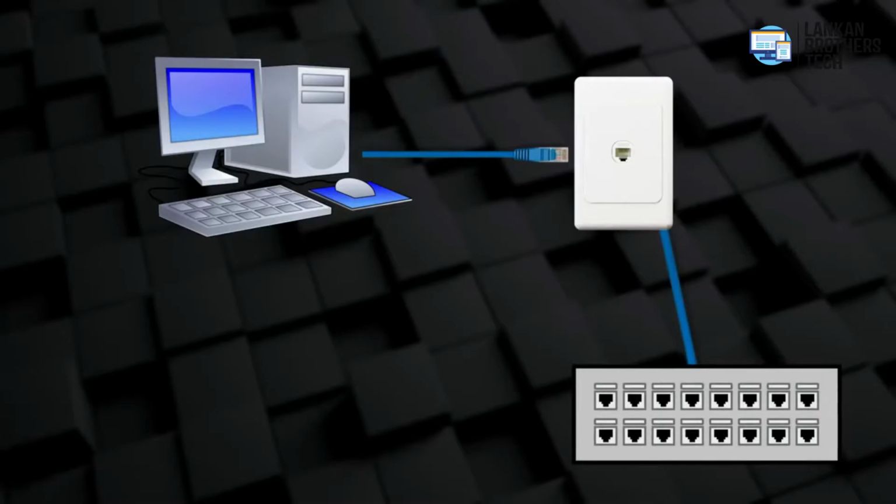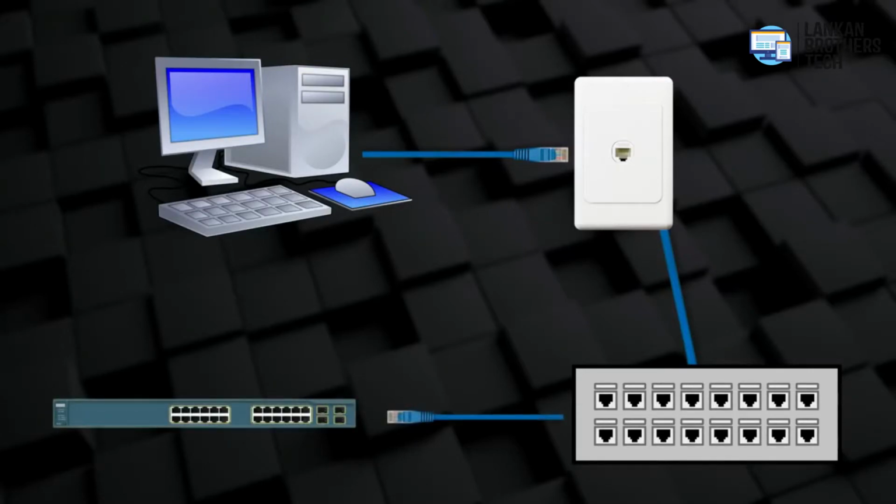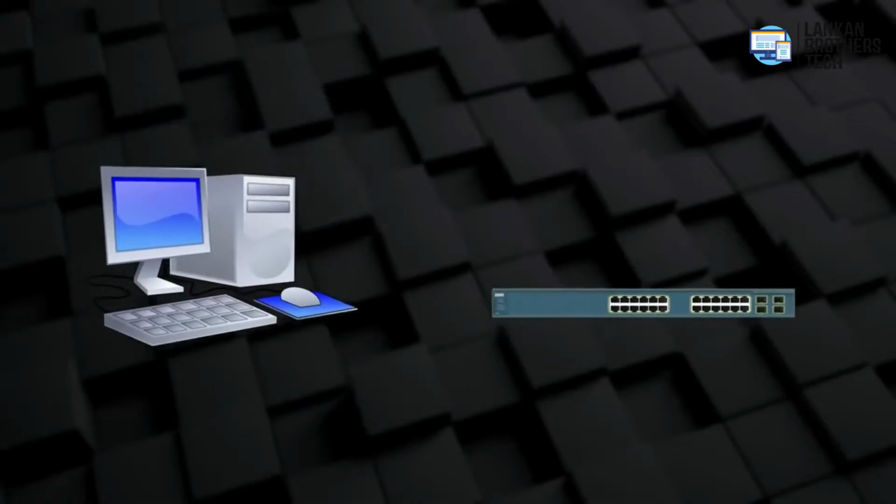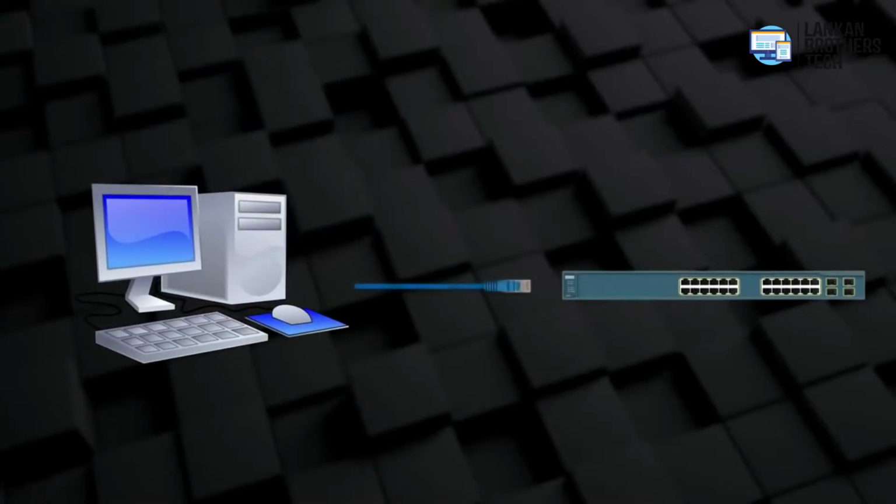This may be in a cabinet on the wall somewhere in the room or in another room entirely. The port on the patch panel then connects to the switch. You might have a switch at home too. Most homes don't have wall sockets, so devices are connected directly to the switch. We'll talk more about how switches work later.